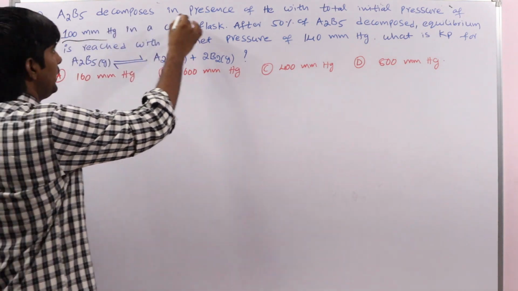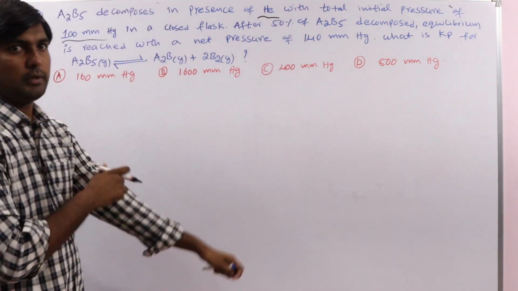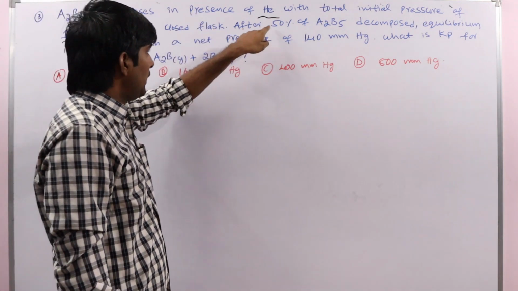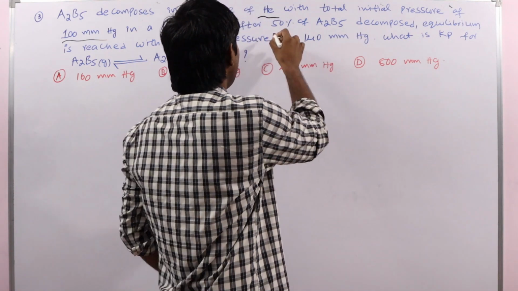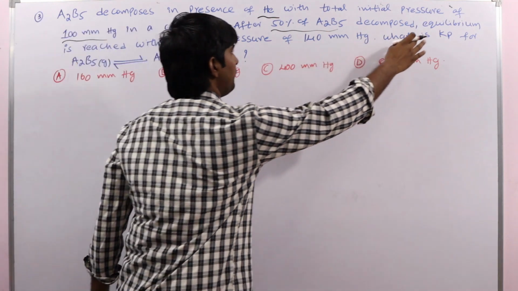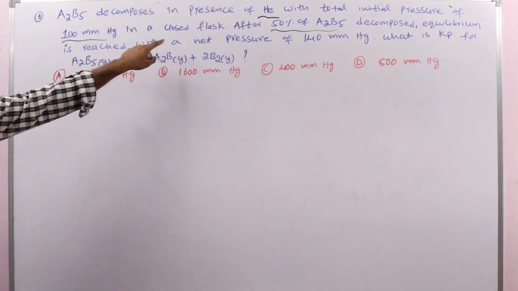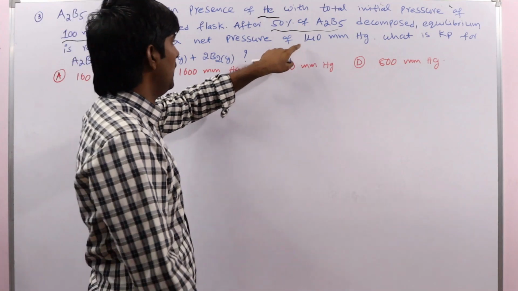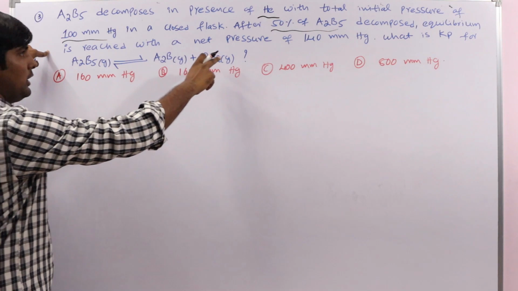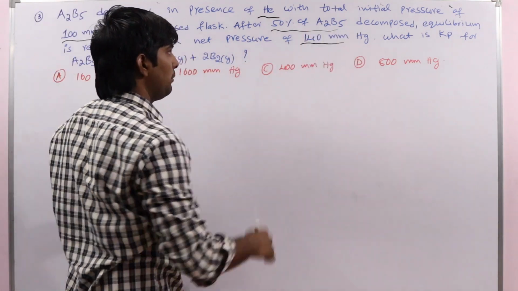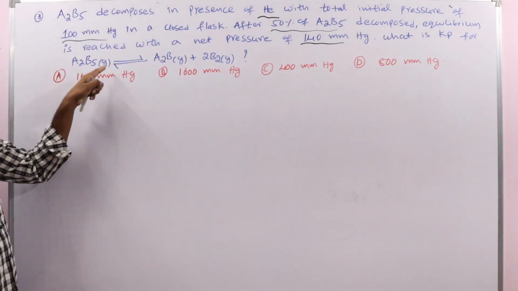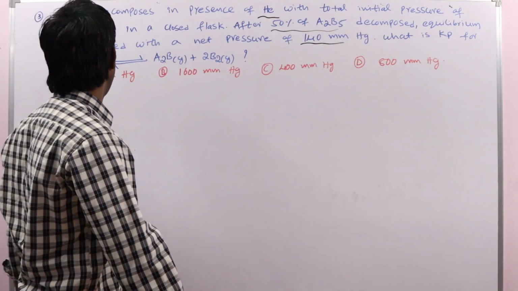After 50% of A2B5 has decomposed, equilibrium is reached with a net pressure of 150 mm Hg. What is Kp for the dissociation of A2B5 giving A2B plus 2B2?